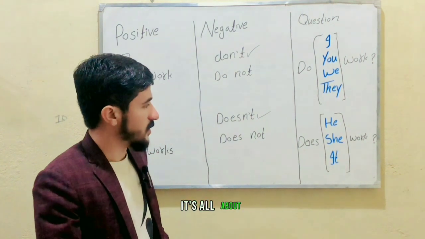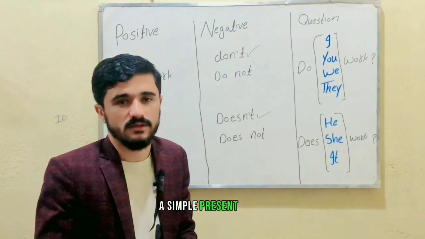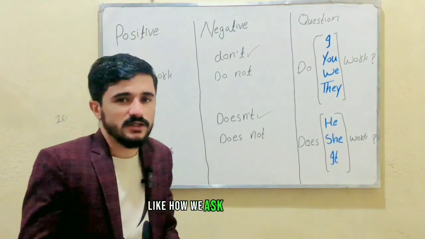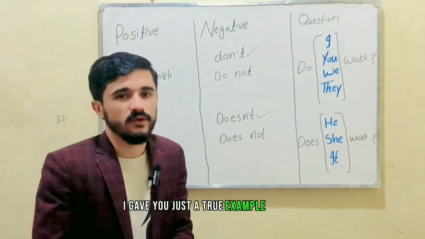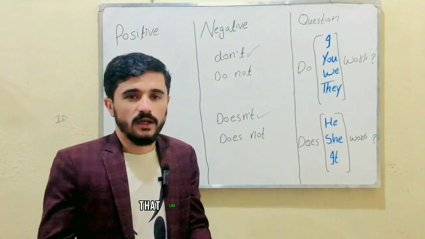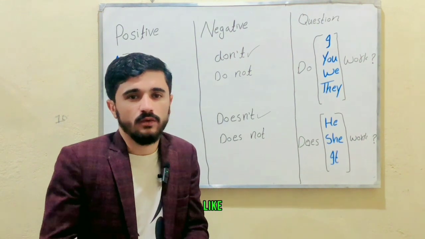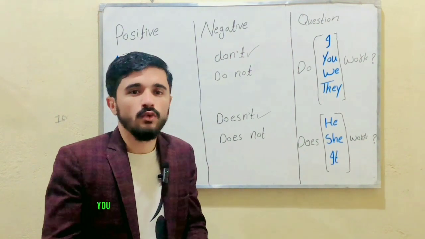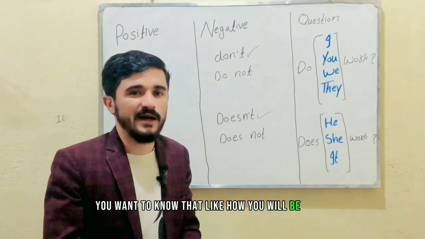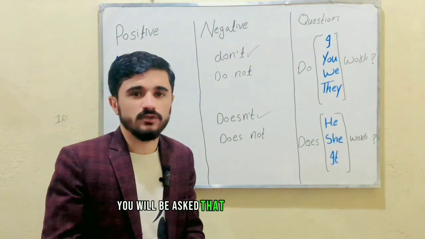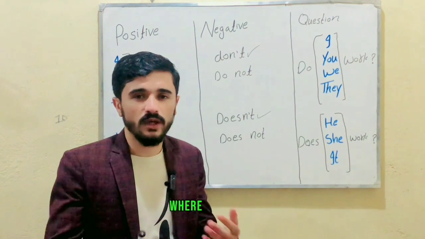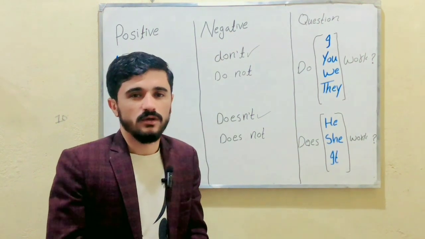So that's all about simple present tense, how we ask someone. I gave you two examples. If you want to know which place someone lives, you will ask, where do you live?